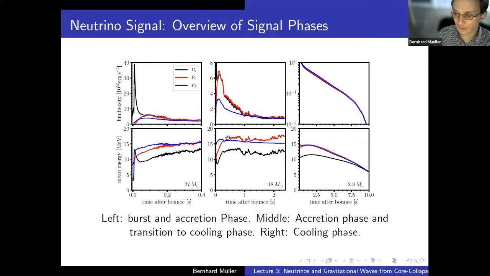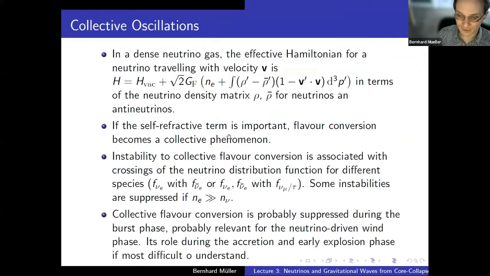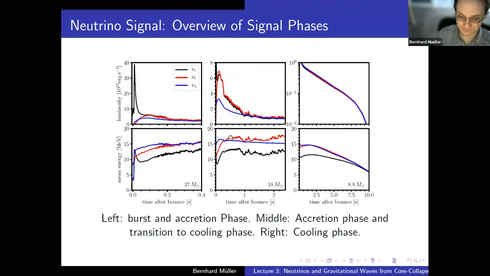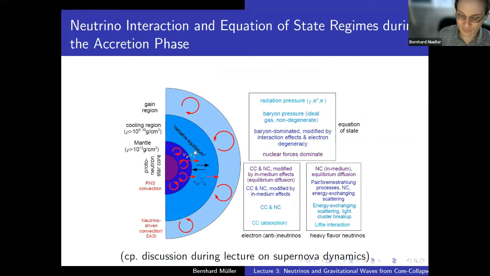And that can be sort of understood by recognizing that in the cooling region, where most of the electron neutrinos and antineutrinos are emitted, these are very non-degenerate and rather hot conditions. That means that you have both many electrons and many positrons around, and the net emission processes can give you something with relatively similar overall luminosity.